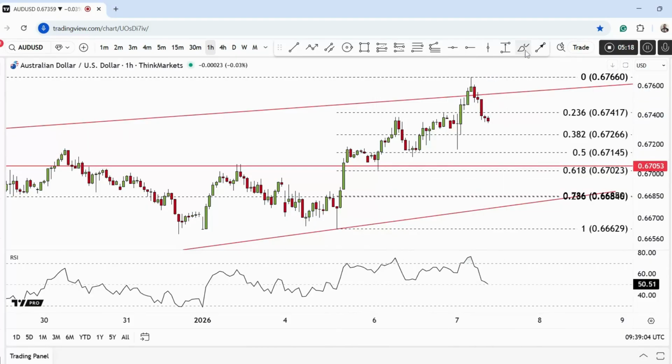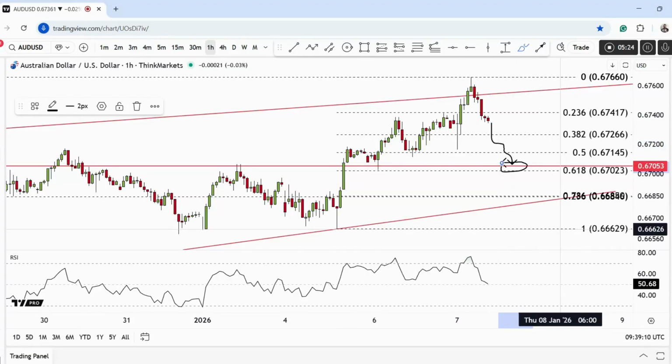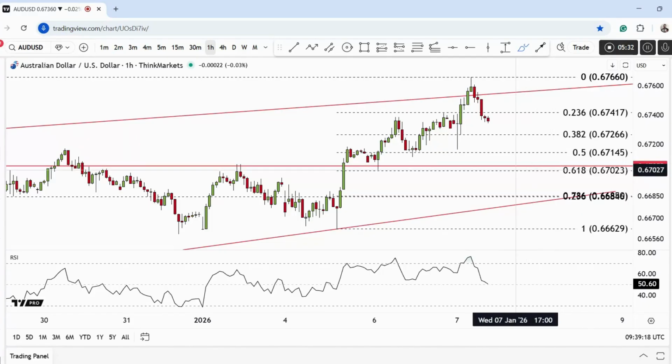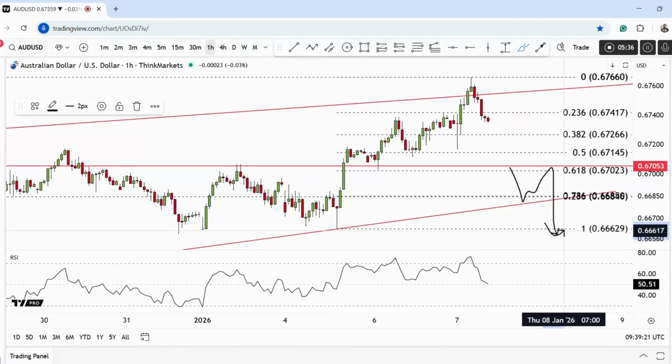We have had a rejection here though, right? So any move to the downside, to me, as long as we are above the 67 handle, is a buy the dip scenario. Once, and if, we lose the 67 handle, then it's more likely a case of further downside. This is how we'll be looking to trade it.